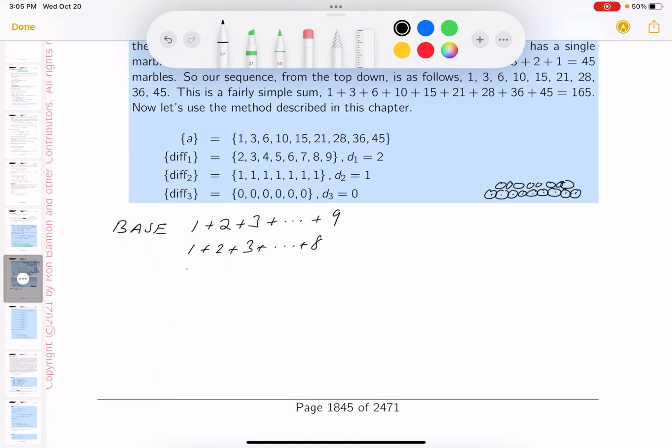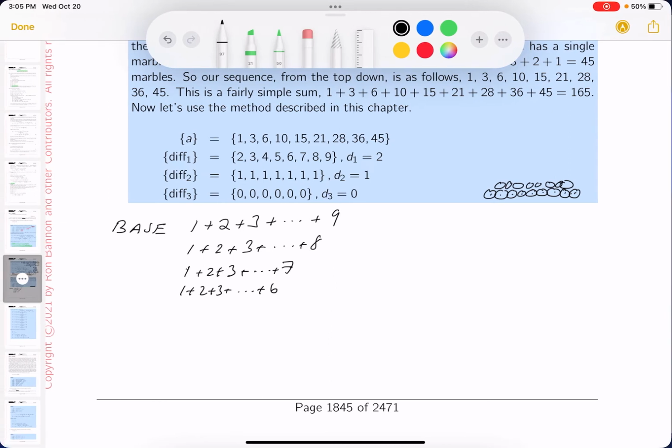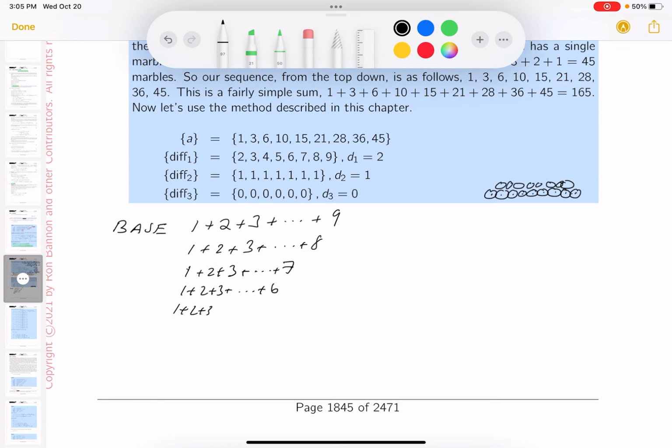The next one, the next row up, I'm going to work my way to the top, would have 1 plus 2 plus 3 up to 7. Next one would be 1 plus 2 plus 3, yada, yada, yada, up to 6. It's reduced by 1 each time. Then 1 plus 2 plus 3 up to 5. Then you get 1 plus 2 plus 3 plus 4. Then you get 1 plus 2 plus 3, 1 plus 2, and then you get 1.